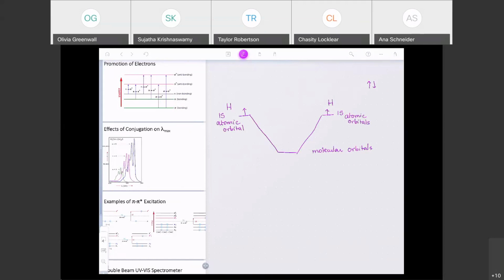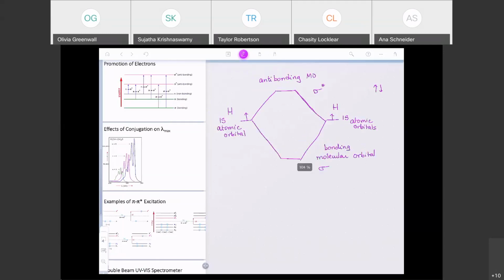But these orbitals are called molecular orbitals. There's one of a lower energy, and that's called the bonding molecular orbital given by sigma. The other one is a much higher energy. That is called the anti-bonding molecular orbital, anti-bonding MO, and that's given the symbol sigma star.